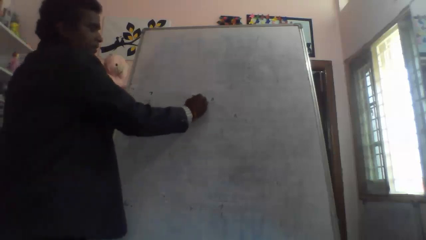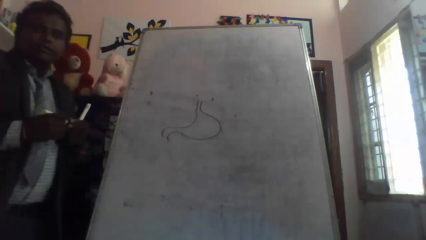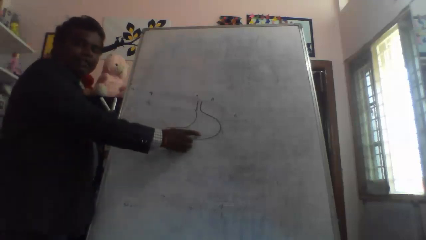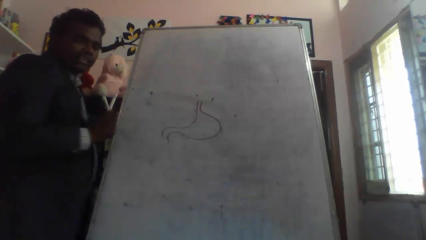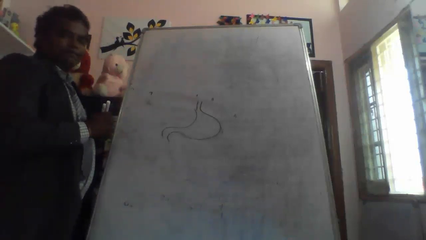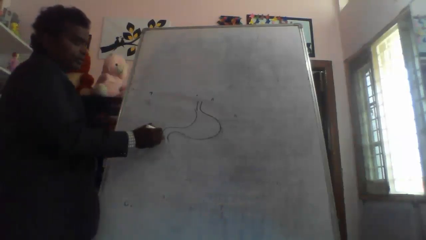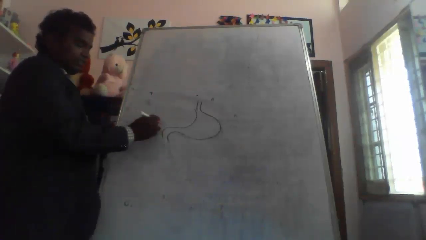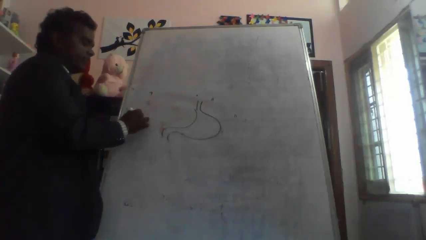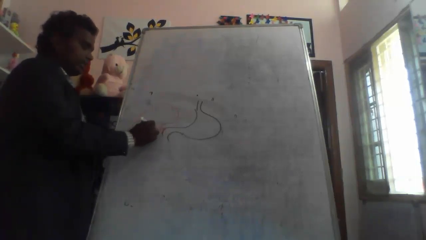For example, this is the stomach. The stomach is located on the left side, and the liver is located on the right side.